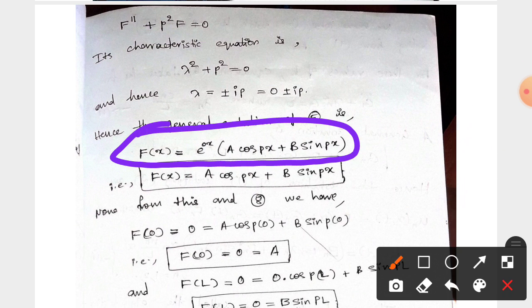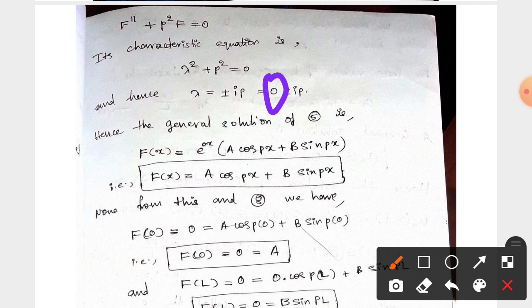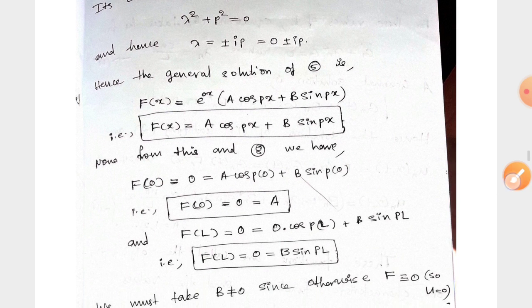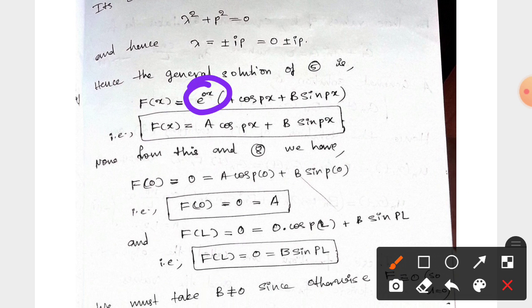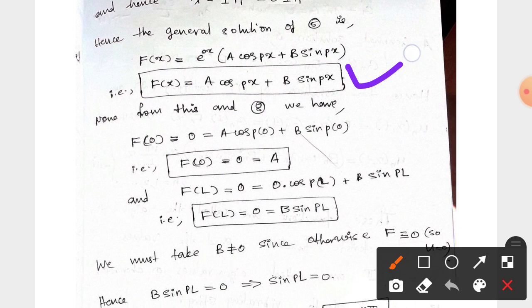General solution is given by f of x is equal to e power 0x into a cos px plus b sin px. So e power 0x is 1, so we have f of x is equal to a cos px plus b sin px. So we got the solution of the equation number 5 like this.